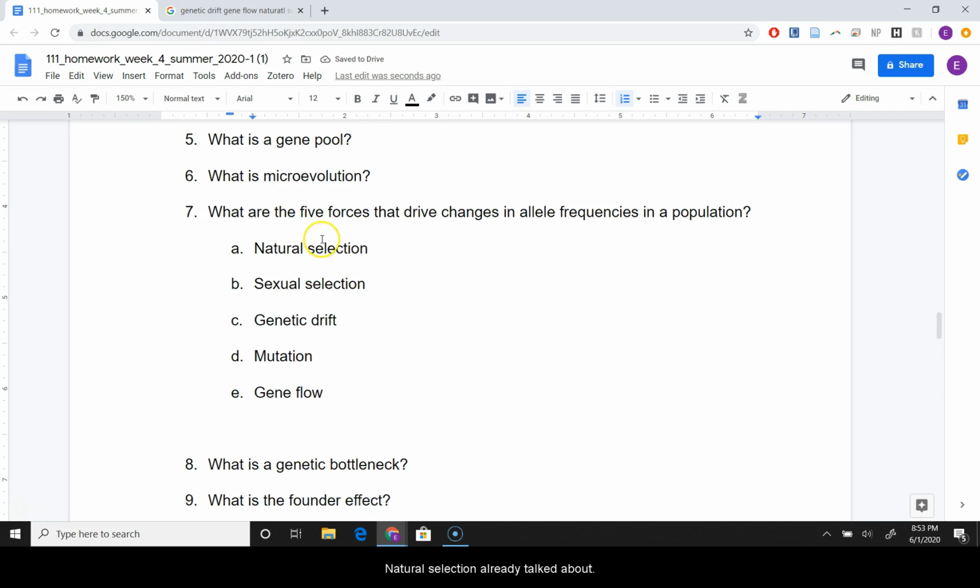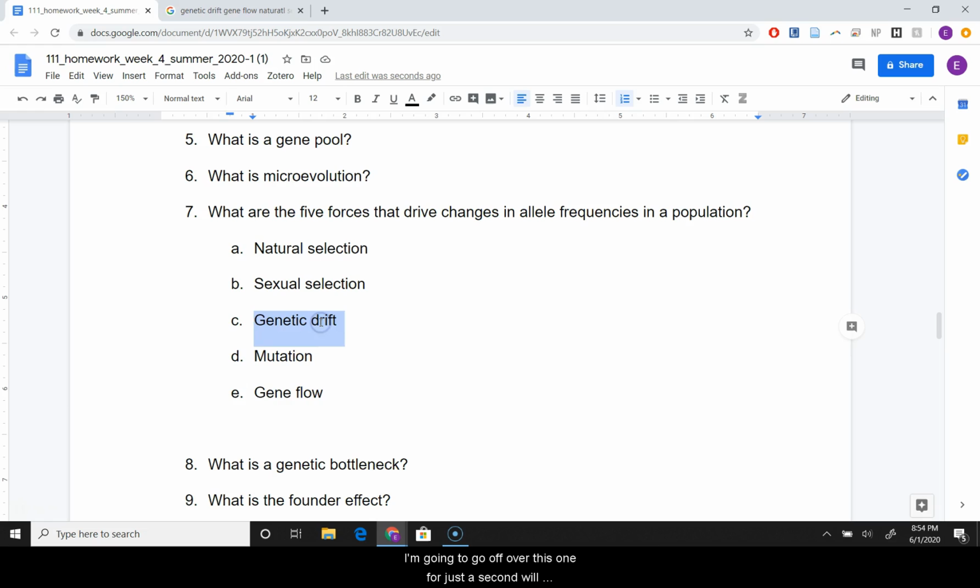Natural selection we have already talked about. Sexual selection is just a form of natural selection, really, but it's basically non-random mating. Basically, some members of the population are preferred over others.